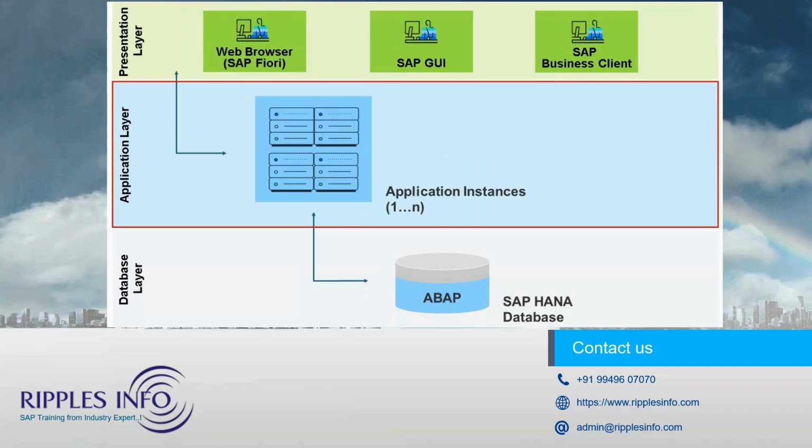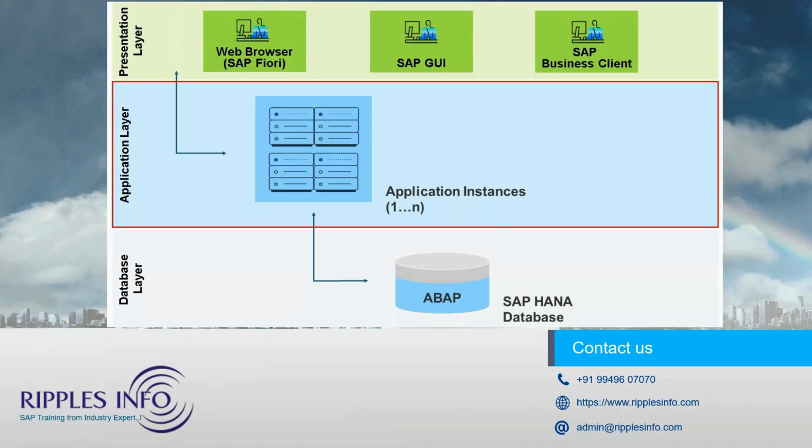Next, coming to the application layer, in SAP S/4HANA the application layer is delivered by the ABAP platform. The ABAP platform is SAP's technical platform which is used for developing and running business applications in the SAP environment.